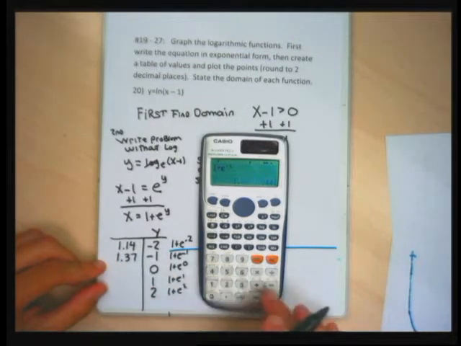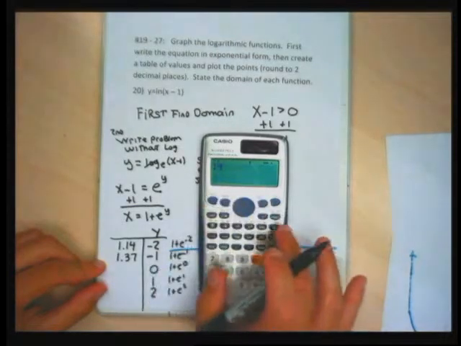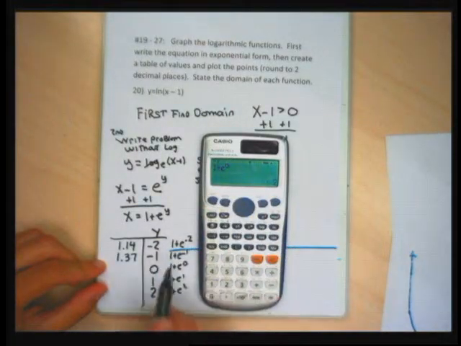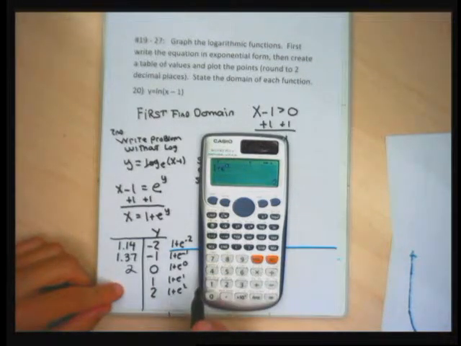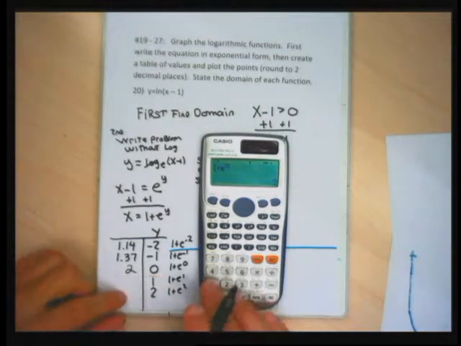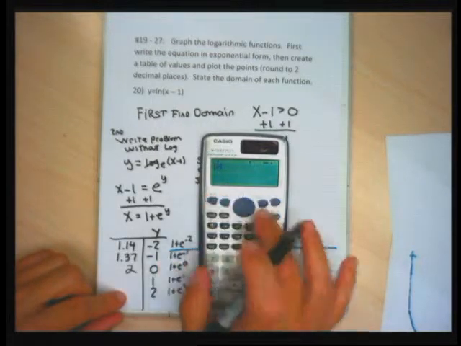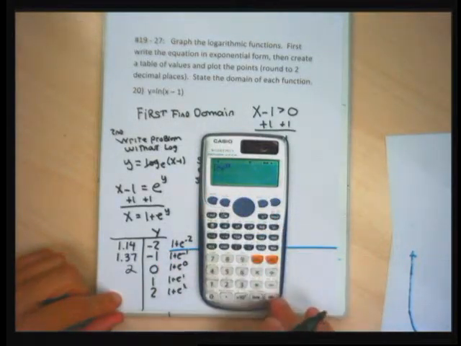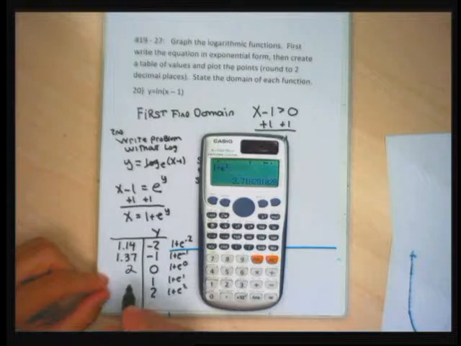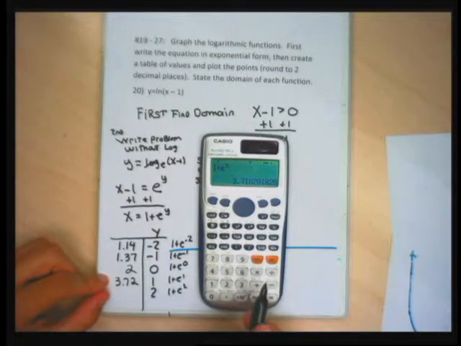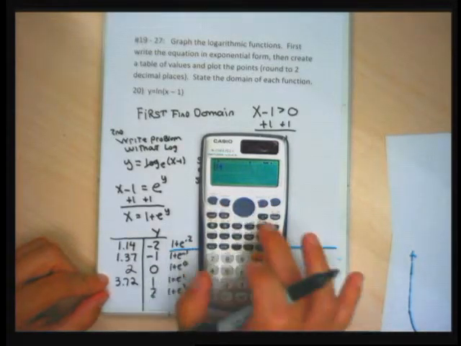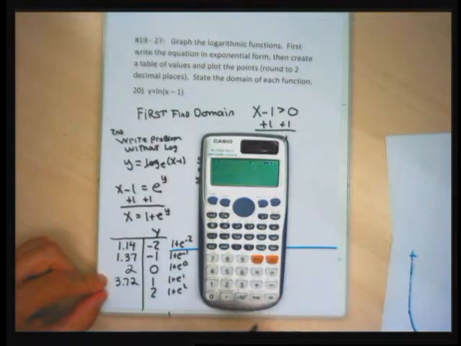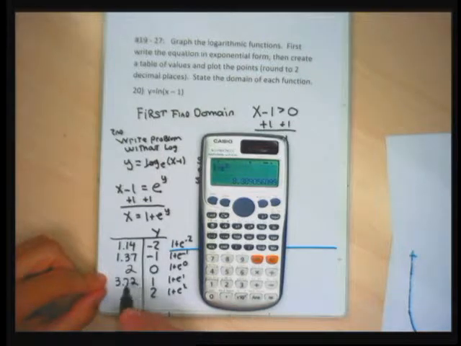And then 1 plus e to the 0 is going to be 2. And then 1 plus e to the 1 is 3.72. And then 1 plus e squared is 8.39.